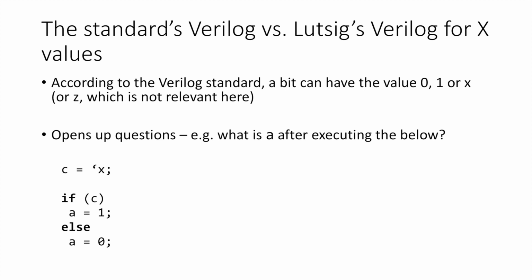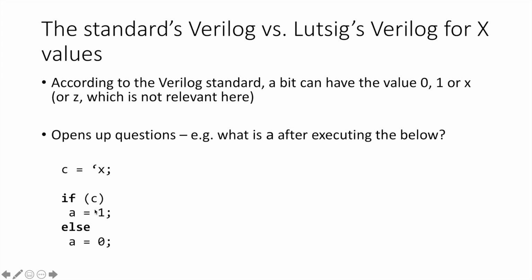But one problem is that the X-value semantics in the Verilog standard is not a good fit for synthesis. So the Verilog standard suggests that bits should be able to have 3 different values, 0, 1 and X, and also Z, which is not relevant here. But if we allow bits to have the actual value X, it opens up various questions. So for example, this program here, if we assign X to C, what happens if we branch on C?